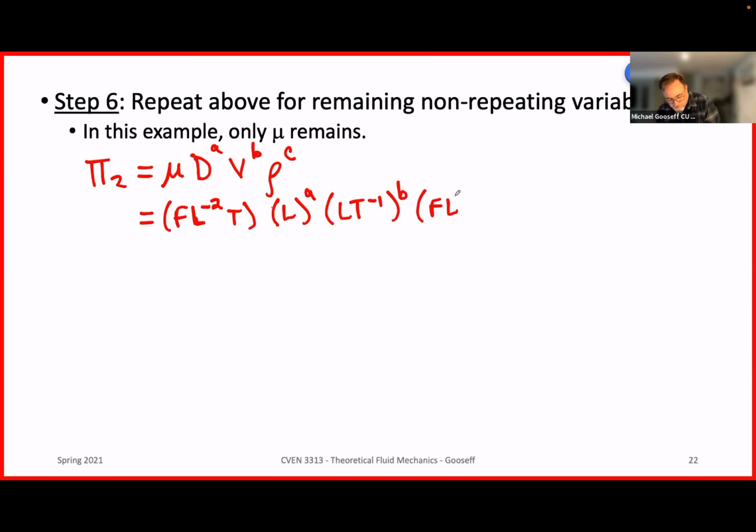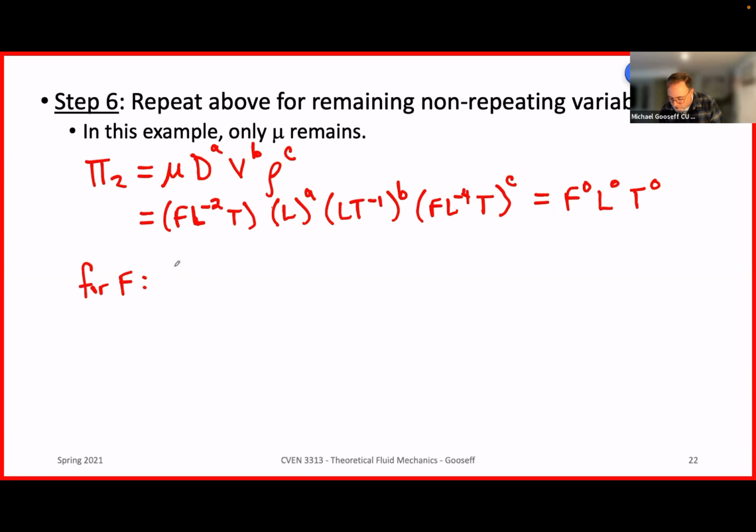And all of this is going to come out to be F to the 0, L to the 0, T to the 0 power. So for F, force, we end up with 1, right? No A, no B, 1 plus C is equal to 0. And that means that C again is equal to minus 1. So that's useful.